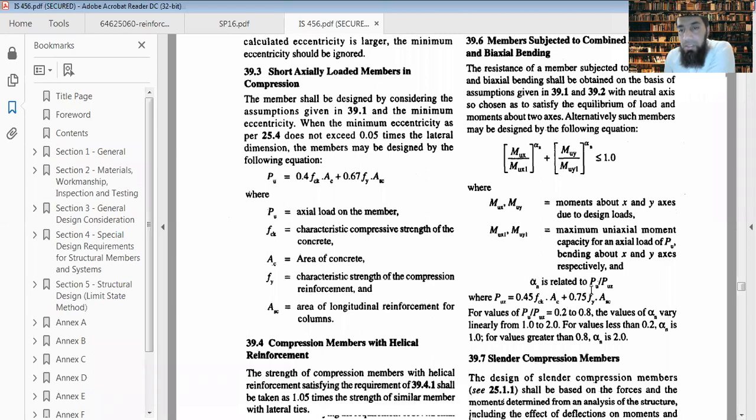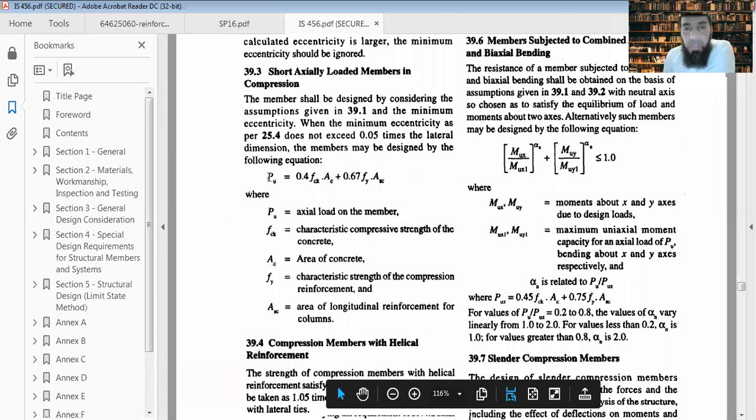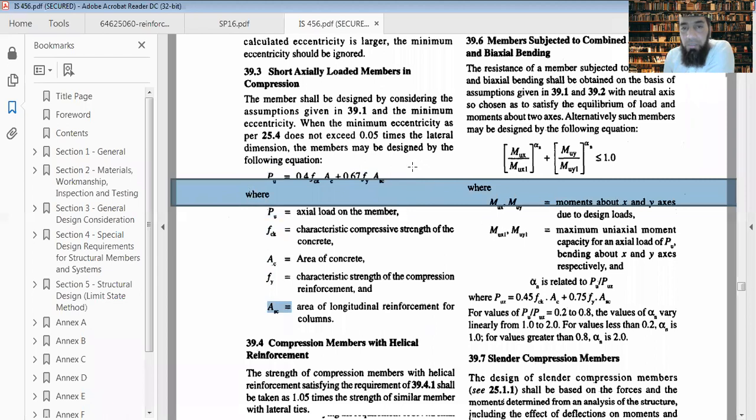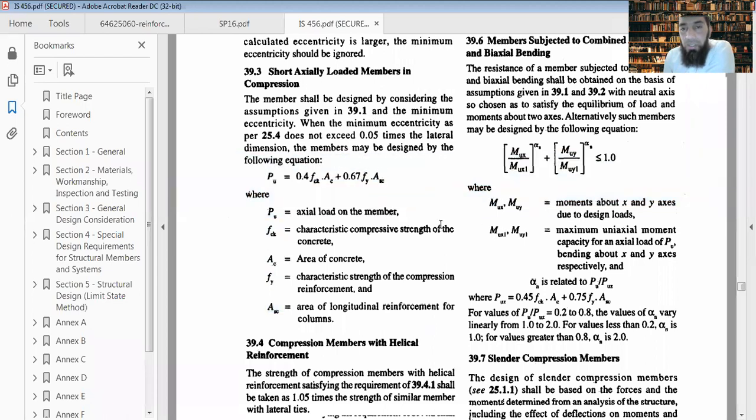Alpha n is related to Pu by Puz, where Puz now is, what is Pu? We have already studied this. Pu is 0.4 fck Ac. We have used it in concentric loading. Puz is the maximum load that it can take. This is the minimum design load that it can take.